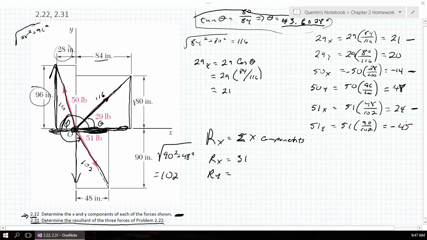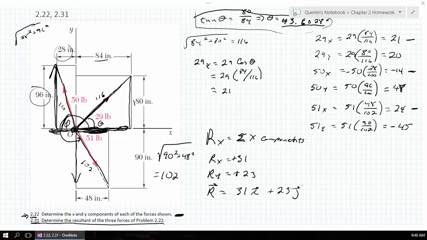So we're looking at plus 23. This is plus. And so the more correct way to put this would be to say that the R vector is equal to 31 in the i direction plus 23 in the j direction.